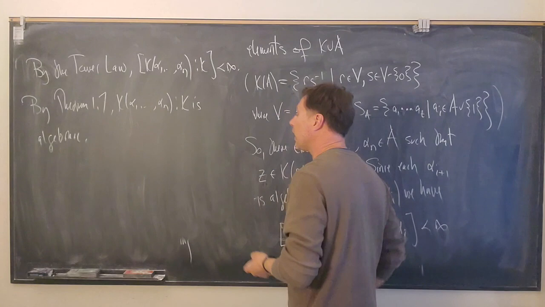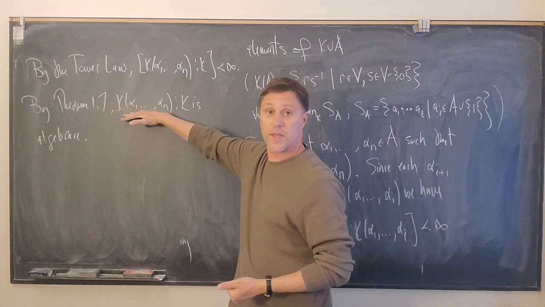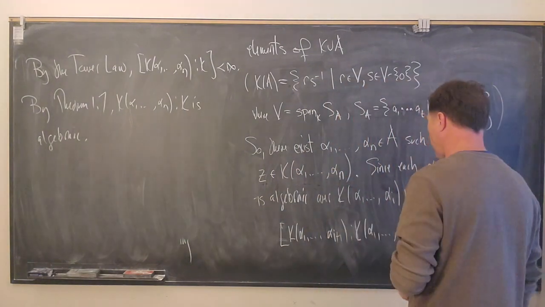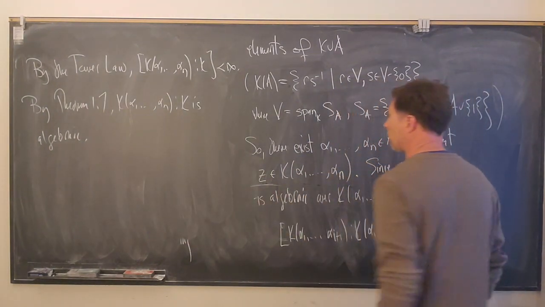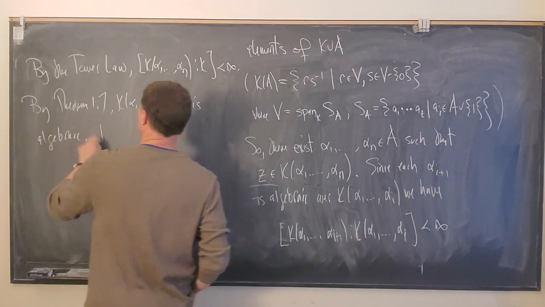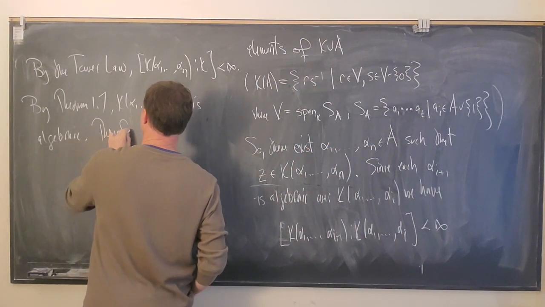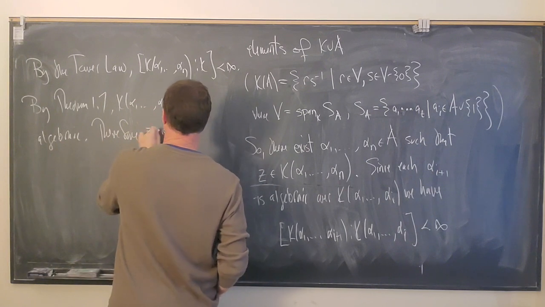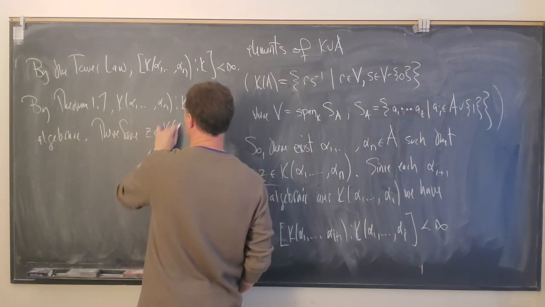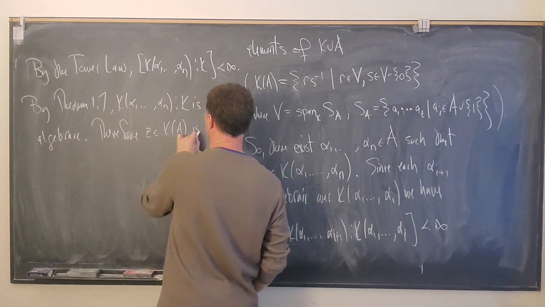It means that every element in this field right here is algebraic over K. In particular, our element Z is algebraic, and that was our arbitrarily chosen element. So we can say, therefore, little z, really in K adjoin A, is algebraic.